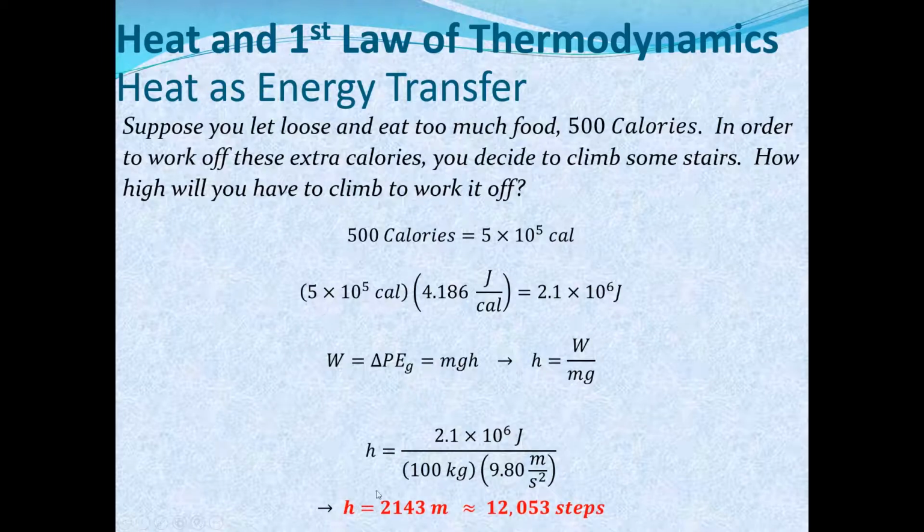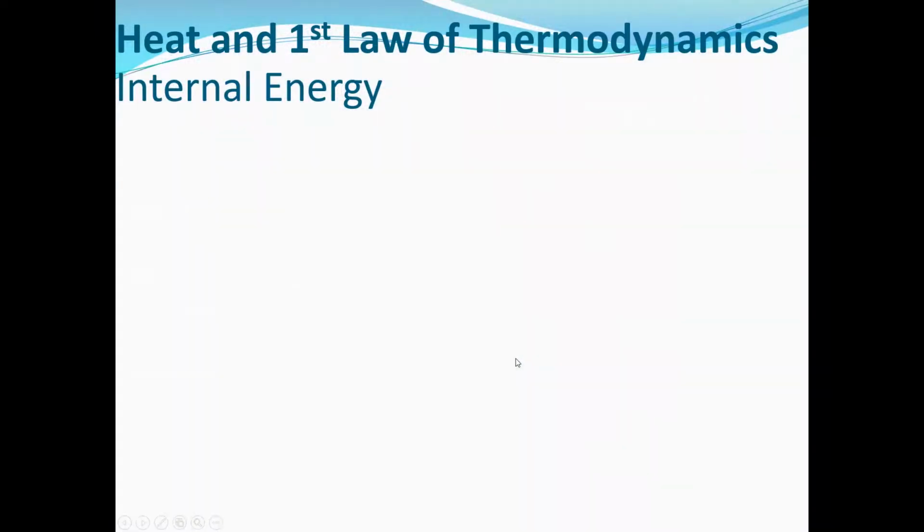But for me, burning off 500 calories would require me to walk up 2,000 meters, or the equivalent of about 12,000 steps. Yep, really high. Depending on your mass, though, I think if you were lighter, you would most likely have to go up even higher. So I guess it's good that I'm a little bit on the heavier side.